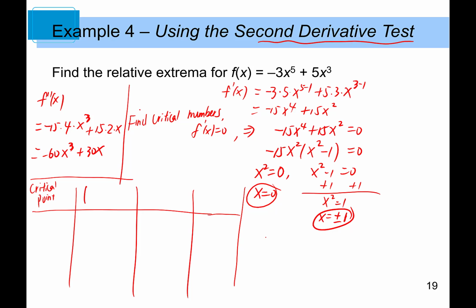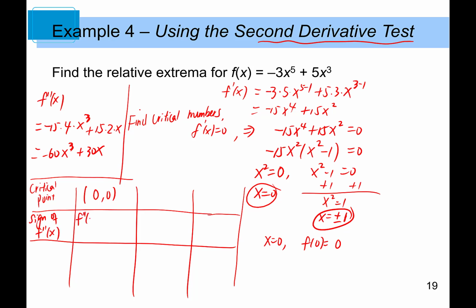When x equals 0, f of 0 equals 0. So 0, 0, that's the first point we're going to test. Then we determine the sign of f double prime of x.